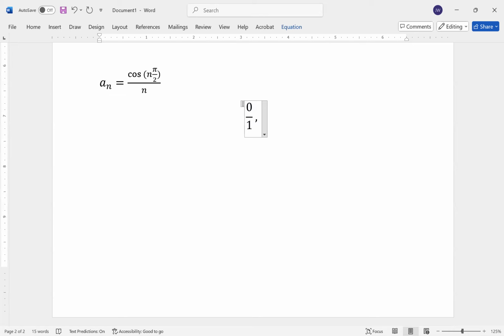If I plug in a 2, I get cosine of pi, which is -1 over 2. My third term, cosine of 3 pi over 2, also gives me a 0 over 3.